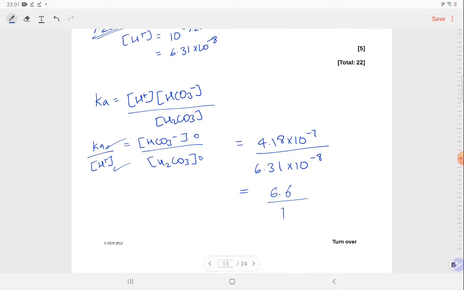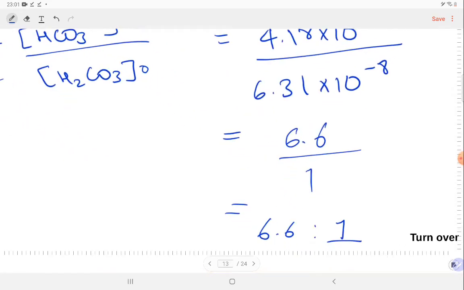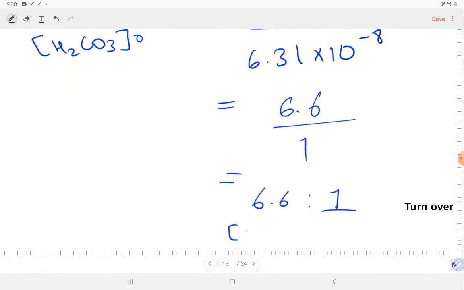So, in reality, the answer is actually 6.6 to 1. So that's your hydrogen carbonate to carbonic acid ratio, 6.6 to 1. That's your ratio. In other words, you can just write here, that's your hydrogen carbonate to carbonic acid, which is H2CO3. And that's your answer.